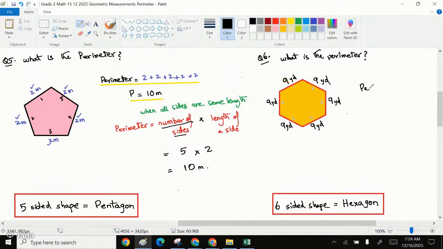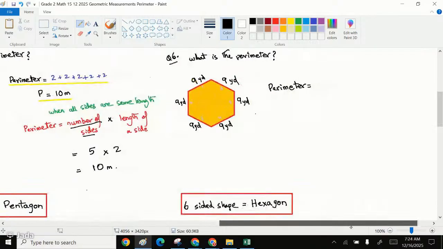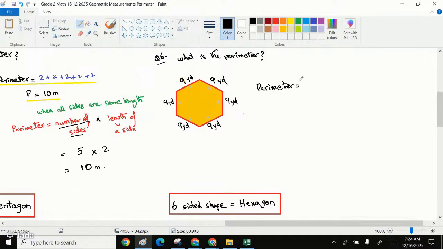The perimeter is found by adding all the sides together. That means how many sides do we have? Side number 1, 9. Side number 2, plus 9. Side number 3, plus 9. Side number 4, plus 9.